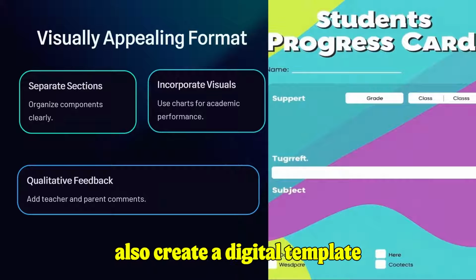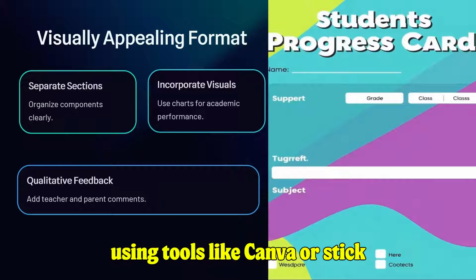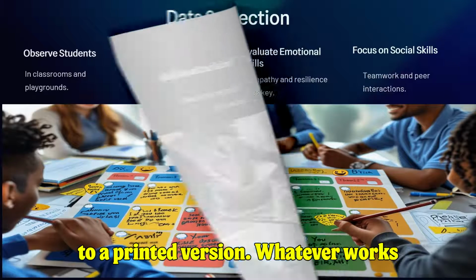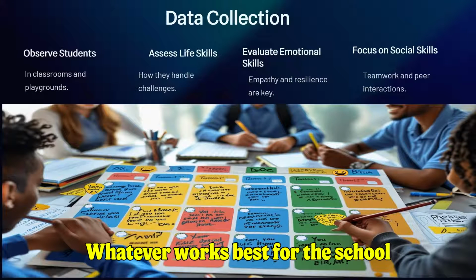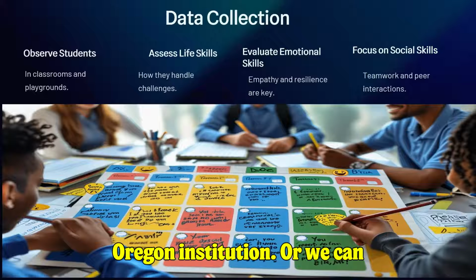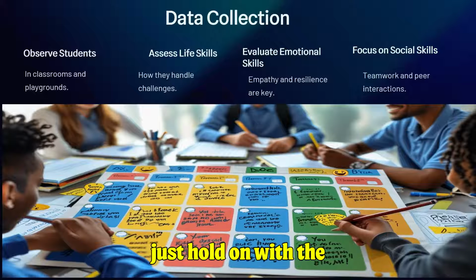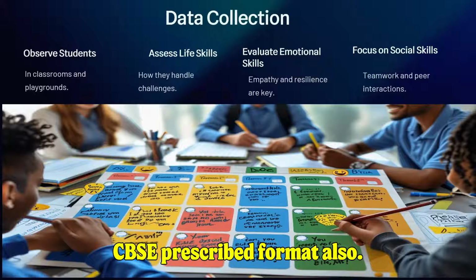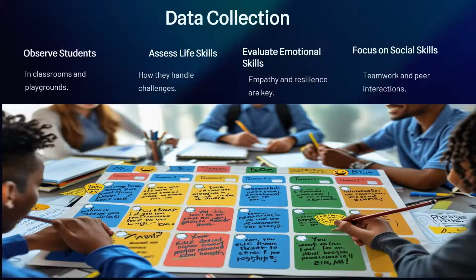For example, you can create a digital template using tools like Canva, or stick to a printed version, whatever works best for the school or institution. Or we can just go with the CBSE prescribed format also.